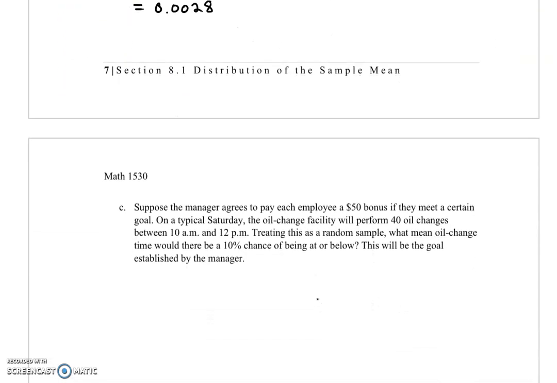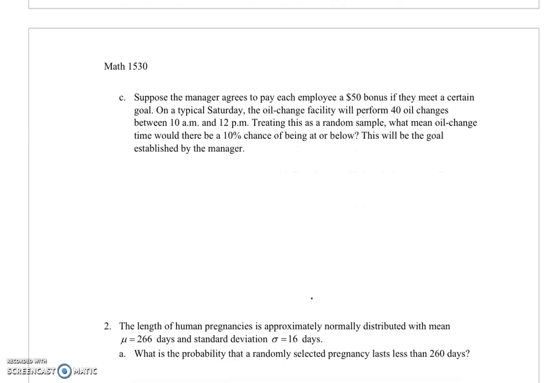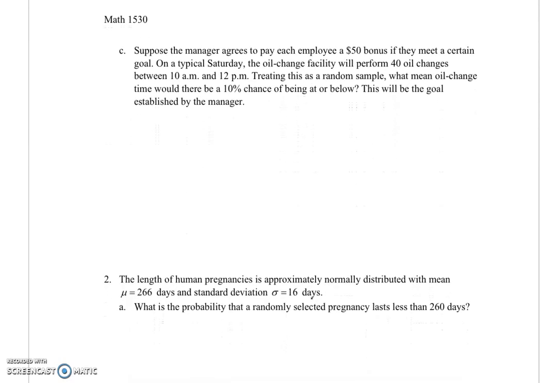All right, what happens if the manager agrees to pay each employee a $50 bonus if they meet a certain goal? On a typical Saturday, the oil change facility performs 40 oil changes between 10 a.m. and 12 p.m. Treating that as a random sample, so N is still 40, what mean oil change time would there be a 10% chance of being at or below?